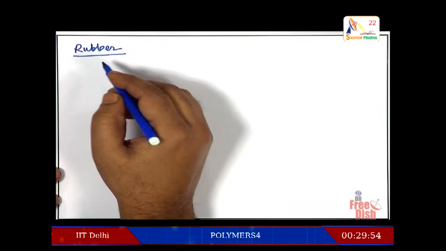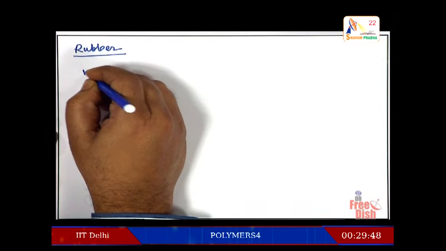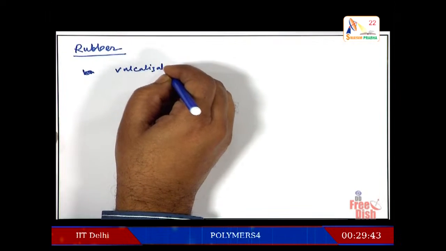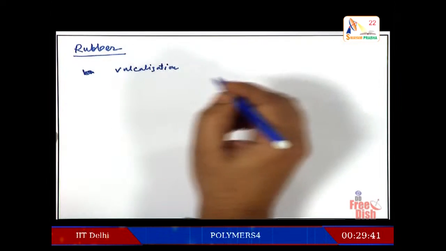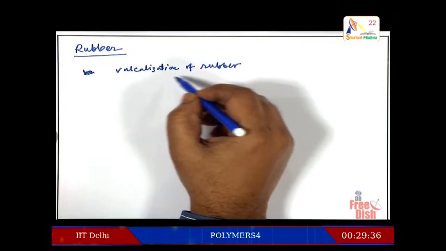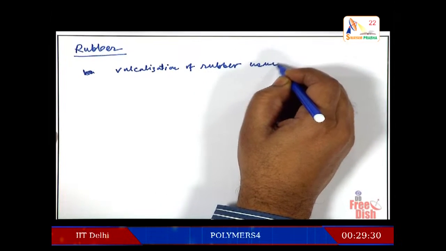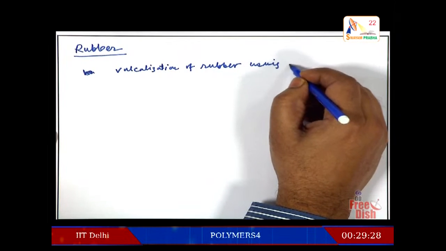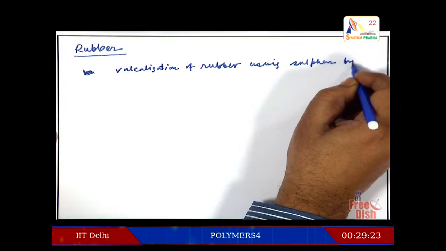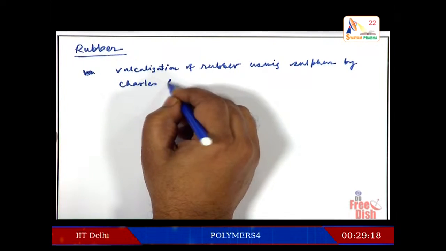It was the discovery of vulcanization of rubber by using sulfur. And it was discovered by Charles Goodyear.